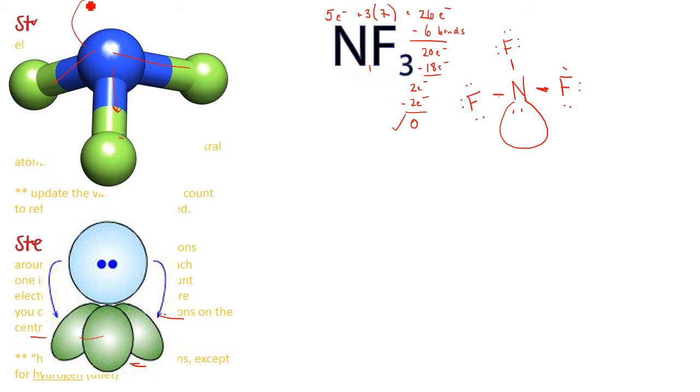So this up here is really these unshared electrons just hanging out up there. So these guys actually push the fluorines down, and we'll talk about that Tuesday during class. But if you read ahead to chapter 10, you'll read about this repulsion theory. But there's the picture of NF3. That's how I would draw his Lewis dot structure.